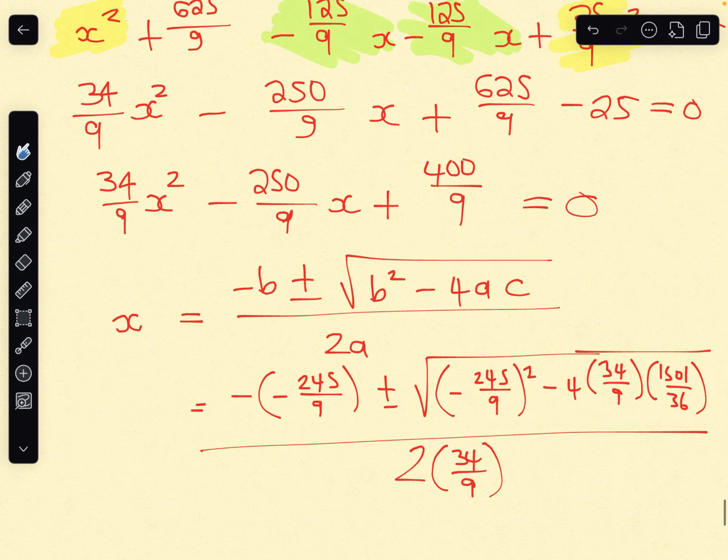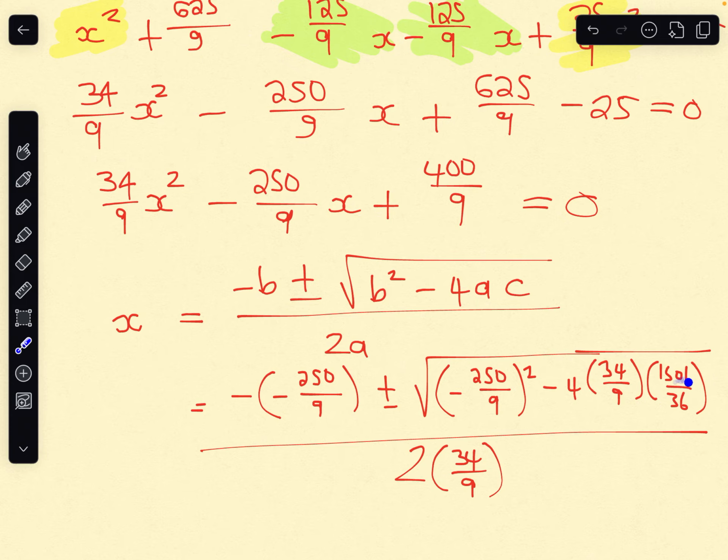Right, and this actually we can times through by 9, because all of them are, but again, we're not afraid of fractions, whatever. So this is now minus 250. This is also minus 250.